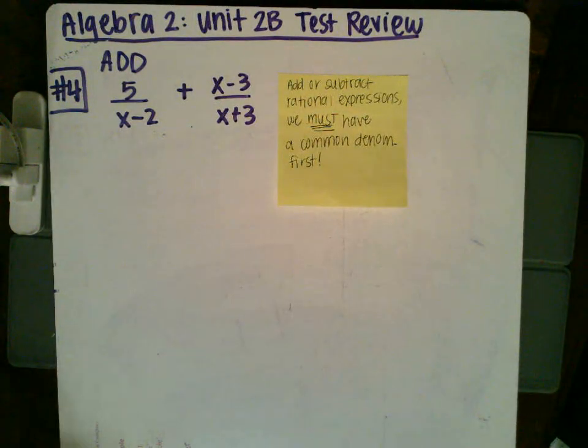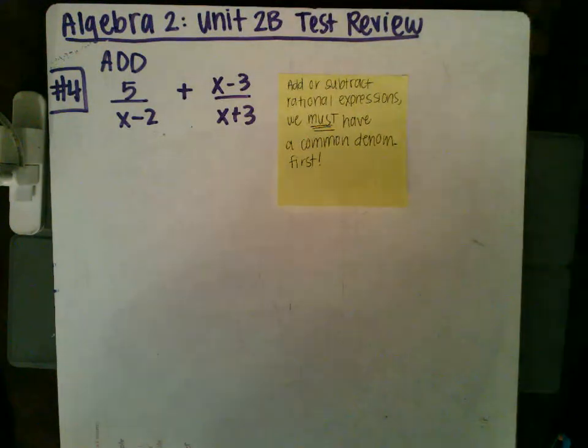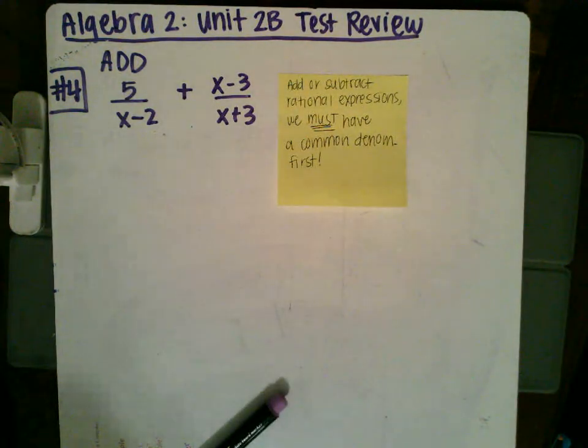If you don't have that written down somewhere in your notes, that is a huge fact about rational expressions. In order to add or subtract them, you must have a common denominator first. Multiplying and dividing, we don't really have to do anything to the expressions, but adding or subtracting, and even solving, we must have a common denominator for our rational expressions.